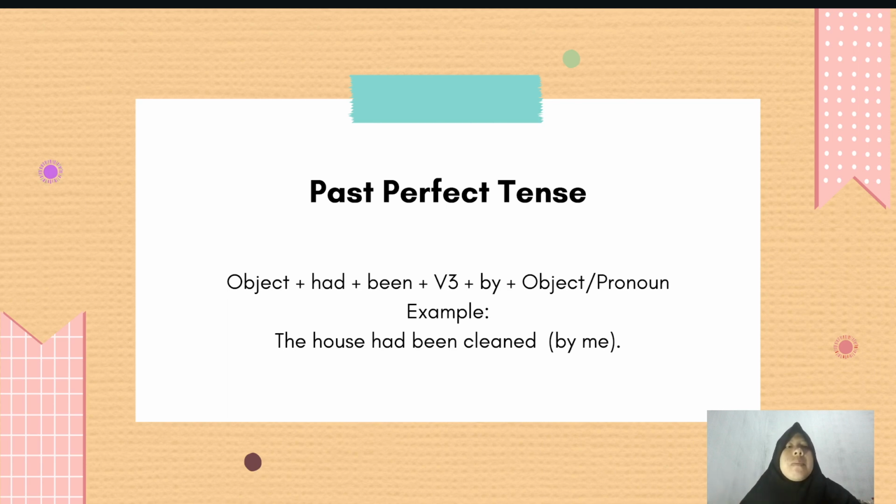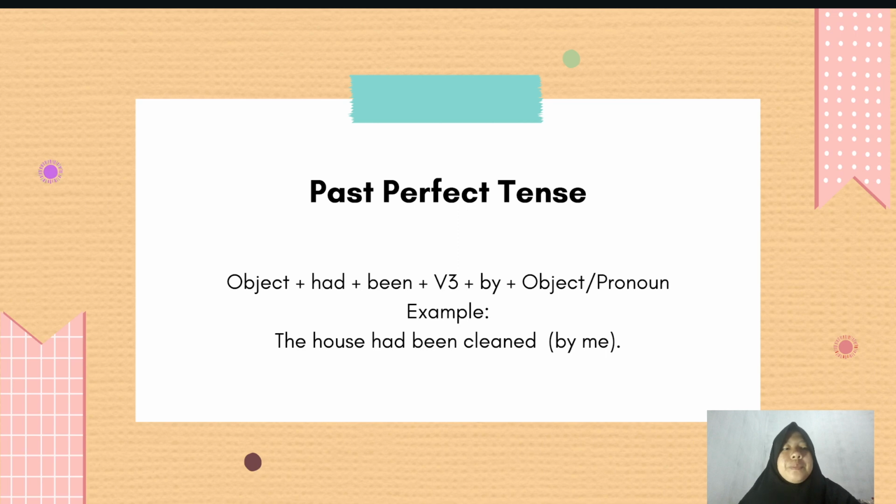And the passive voice will be "The house had been cleaned." In this case, we are focusing on the result of the action completed before another event in the past.